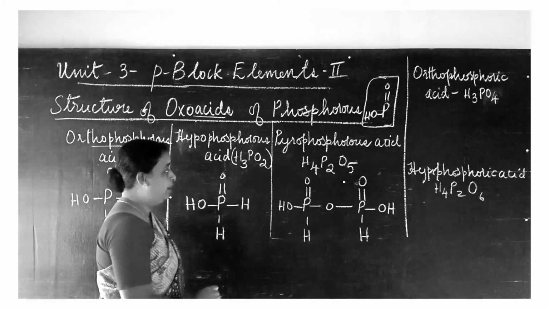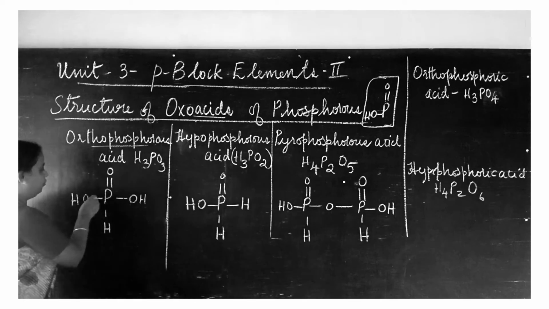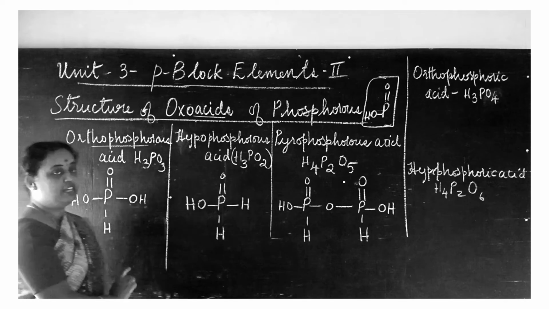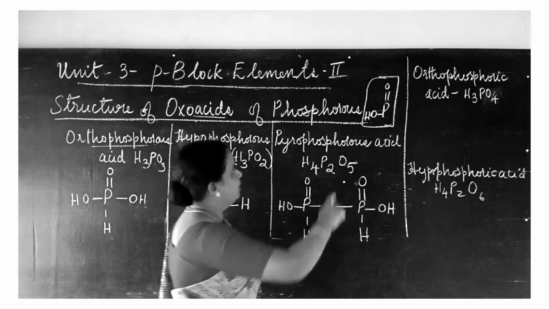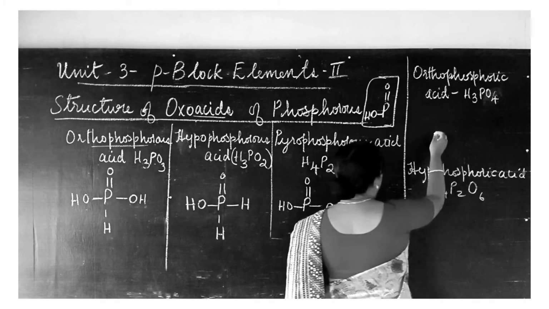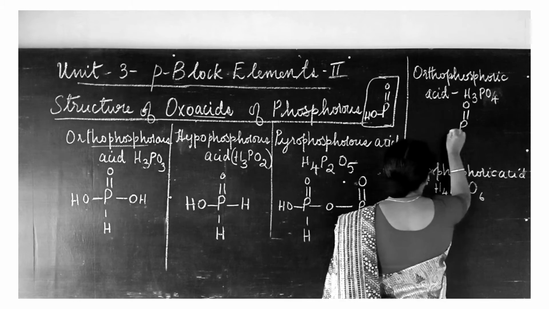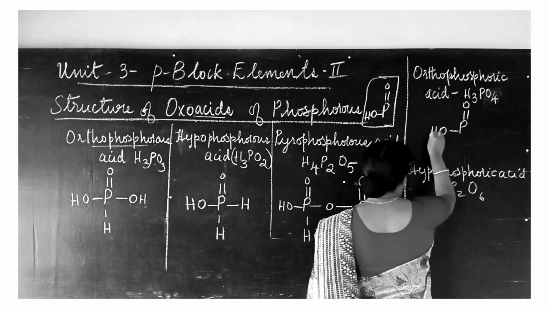So it's very simple, provided you understand the basic structure, then all other structures you can easily write. Now let us look into the structure of orthophosphoric acid. So H3PO4. So as I said, single phosphorus, oxygen atom and one OH.